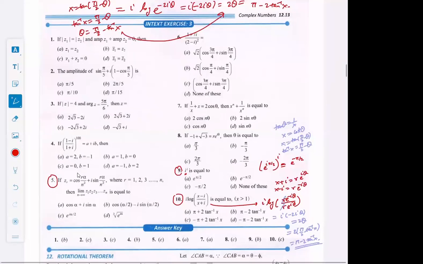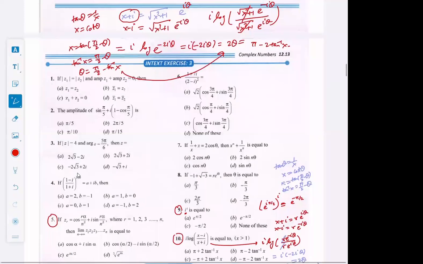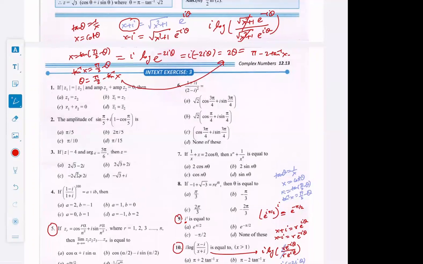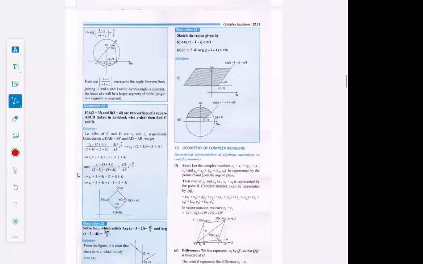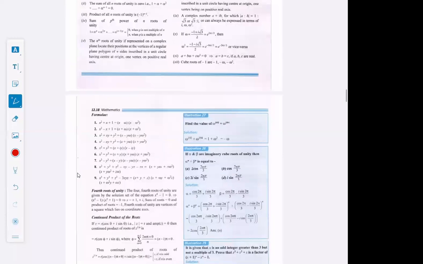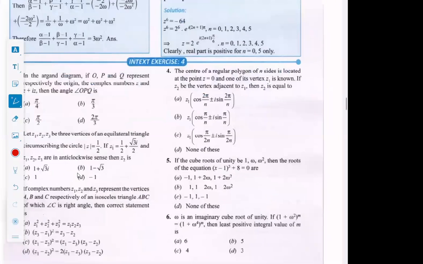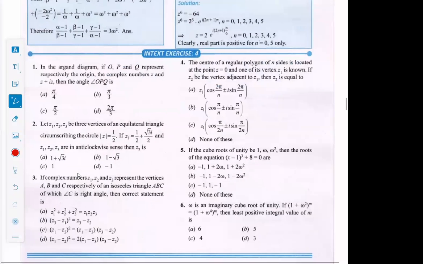Do you have any other doubt in this exercise? So moving on to next. So what's your problem in exercise 4?